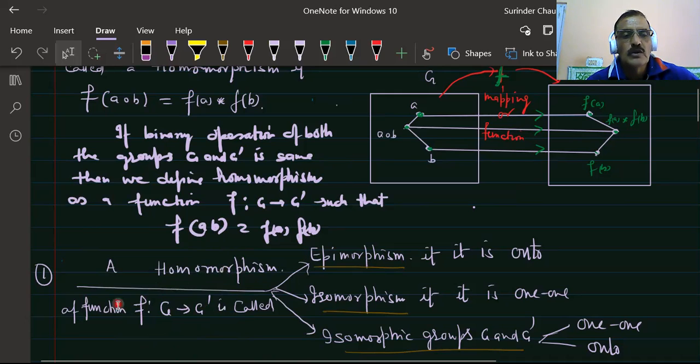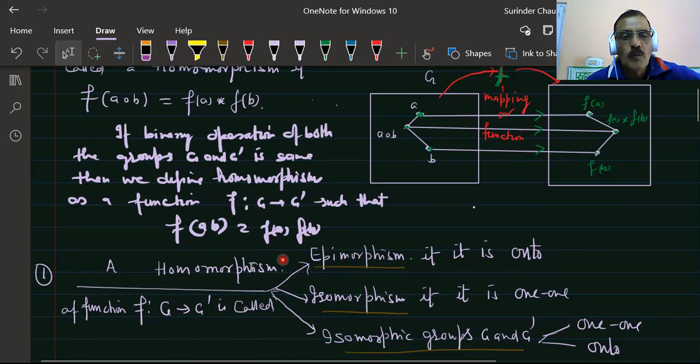This homomorphism is called an epimorphism if it is onto. If this homomorphism is onto, it is called epimorphism.